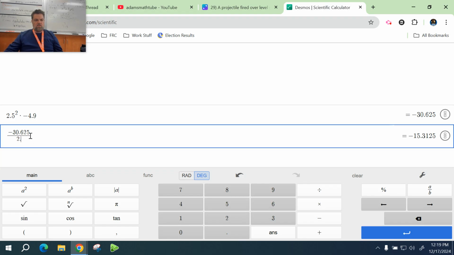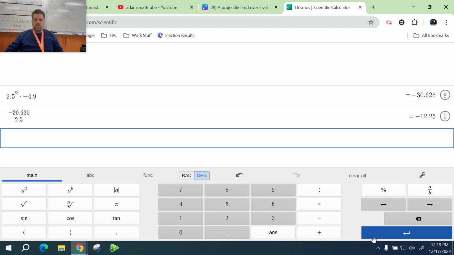Oh, I did. It's 2.5. Whew, that's better. So we get about 12.3 in the y direction.